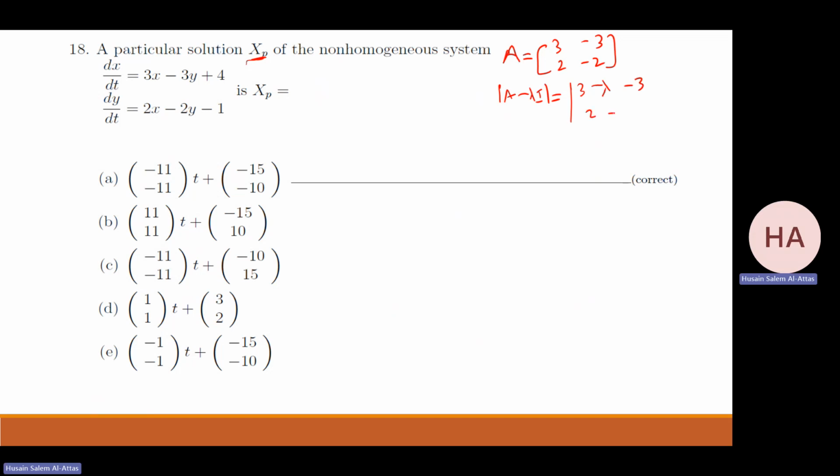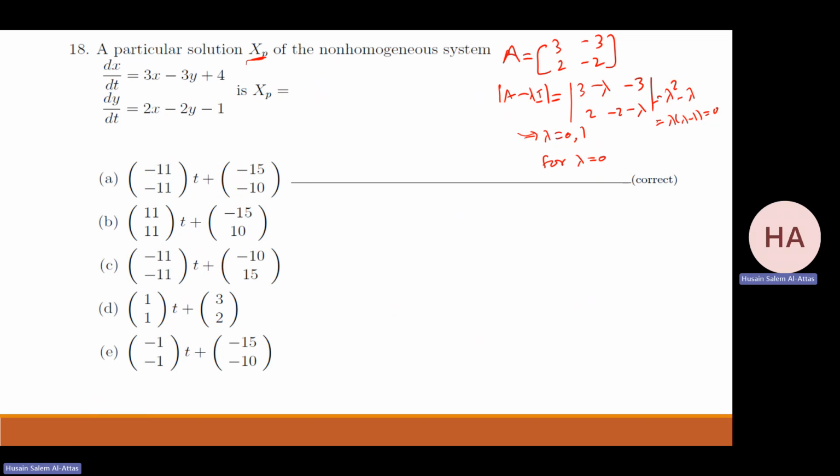which is not usual in an exam. It will be what? Lambda squared, 2 lambda minus 3 minus lambda plus 6. Yeah, minus 6 plus 6, that will be 0. So you have lambda times lambda minus 1 equals 0. So lambda is 0 and 1, or lambda equals 0.